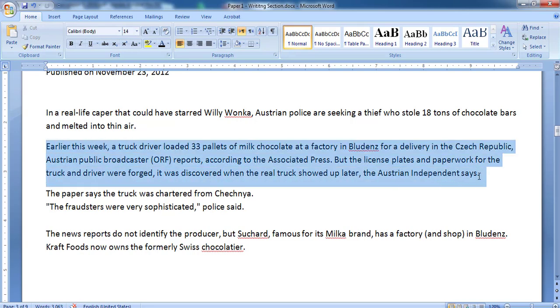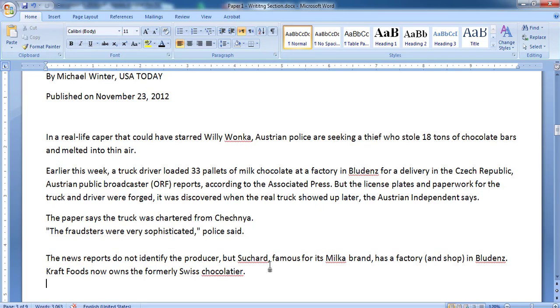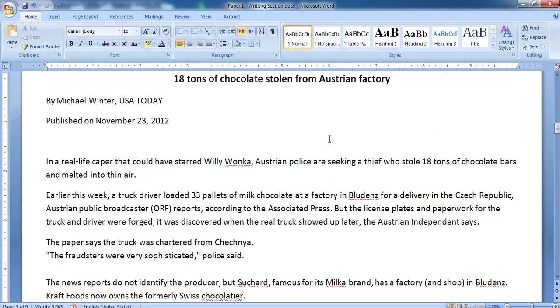Then we will go to the body paragraph. Then we will try to put a quotation. Look how simple and small and short it is. And at the same time, it is very summative and comprehensive. Then we will try to make an ending or a conclusion.